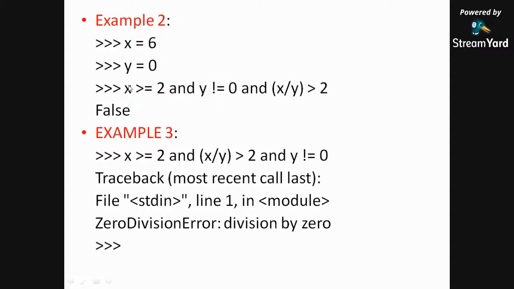If the first expression is true and it comes to the second expression, it checks y not equal to 0, and if this becomes false, it won't go to the third expression. It directly prints the result of the expression as false, and you won't see any error message displayed.